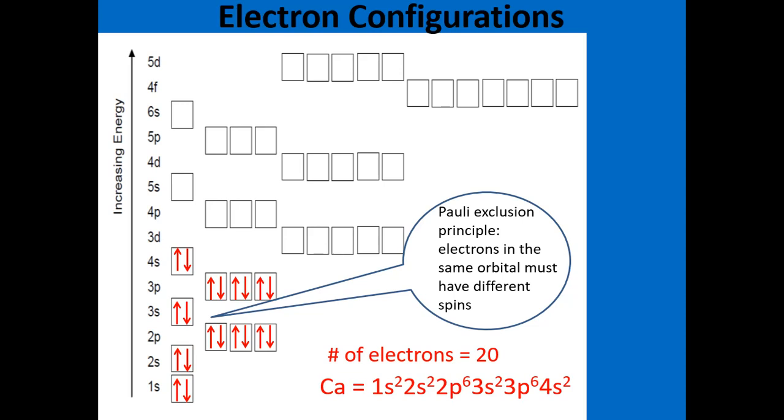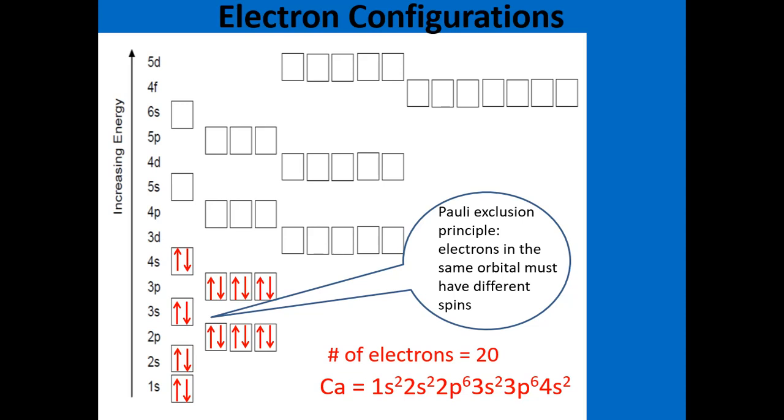And writing the electron configuration, you would have 1s2, because there are 2 electrons in the 1s, 2s2, because there are 2 electrons in the 2s, 2p6, because there's a total of 6 electrons in the 2p orbital, and then 3s2, 2 electrons in the 3s, 3p6, a total of 6 electrons in the 3p, and then 4s2, 2 electrons in the 4s.